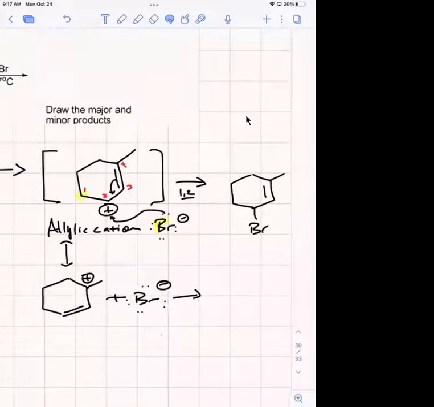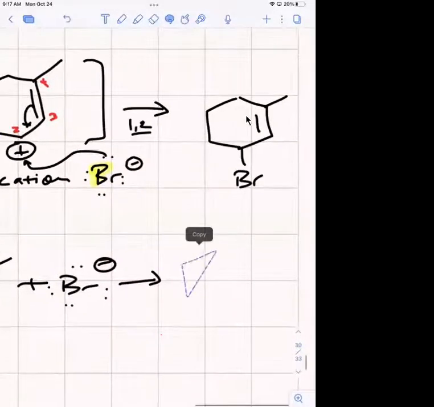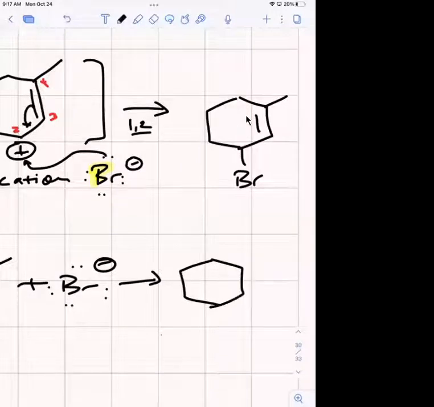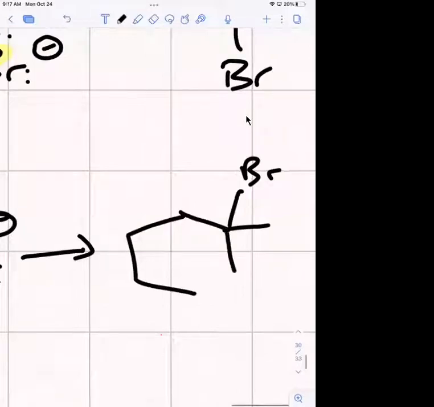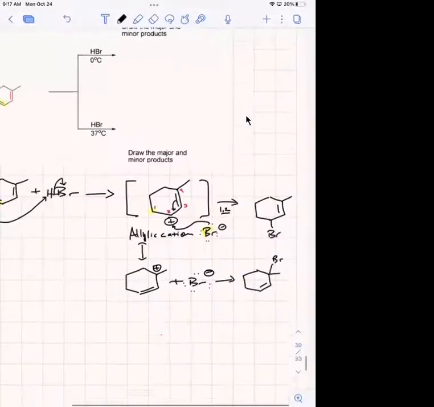Right, so that can react with bromine, and then we end up with this product, like so. Anybody not see that?